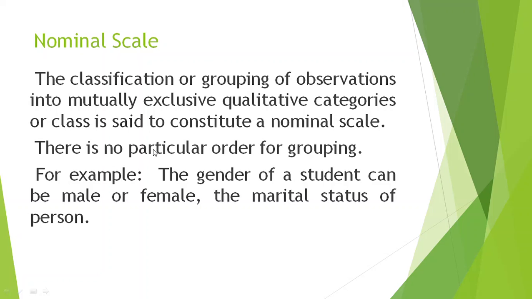There is no particular order for grouping. For example, the gender of a student can be male or female, or the marital status of a person. Nominal scale and ordinal scale are both for qualitative variables.